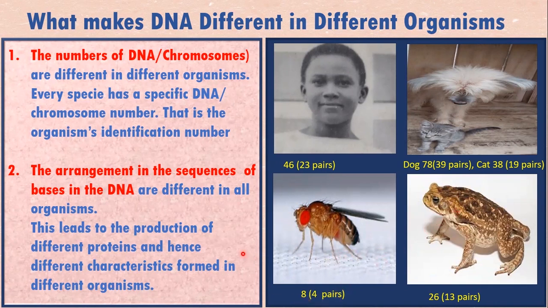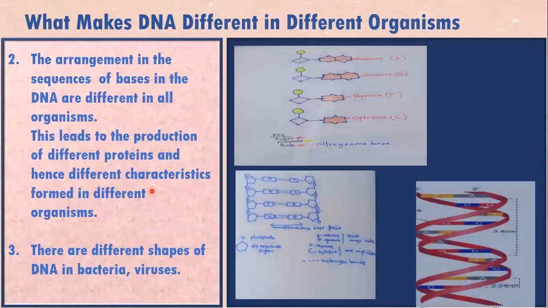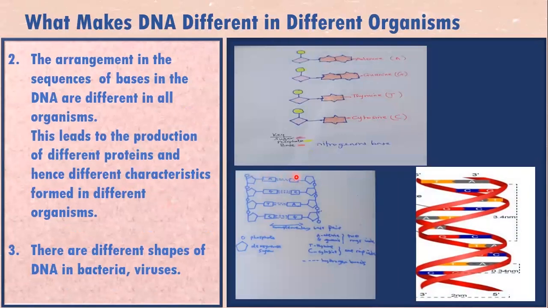Another thing about DNA that is different in different organisms is the arrangement in the sequence of bases in the DNA. For instance, we have these DNA pieces. You see, the way the bases are arranged, the sequence, you have thymine here, cytosine here, adenine here.